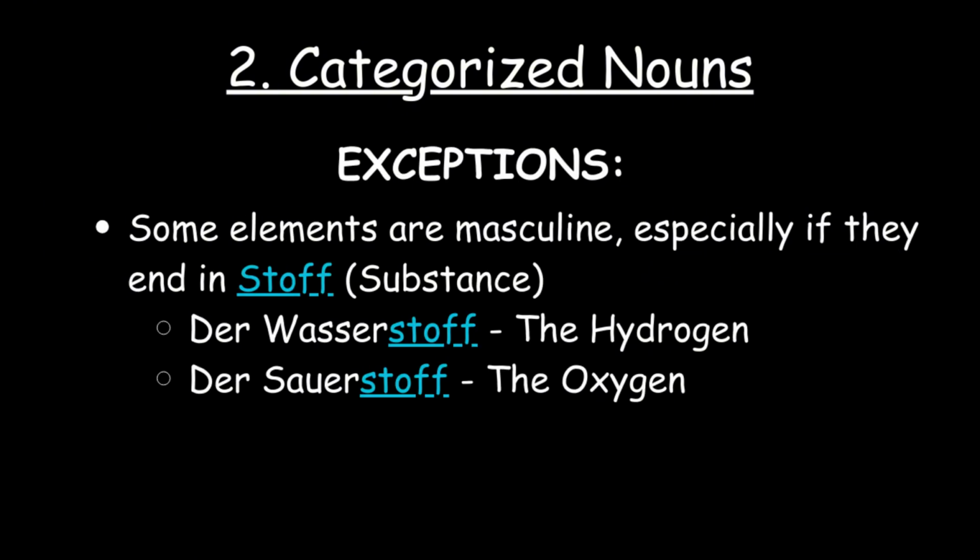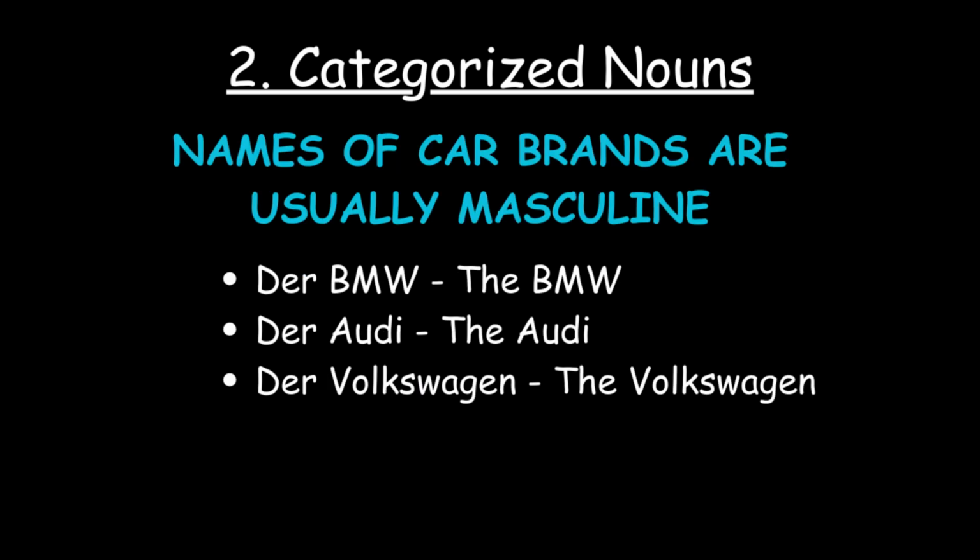Still, there are exceptions, because some elements are masculine, especially if they end in Stoff, which is substance. Der Wasserstoff, der Sauerstoff. Alongside, the names of car brands are usually masculine, like der BMW, der Audi, der Volkswagen.